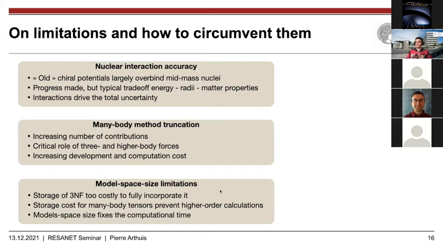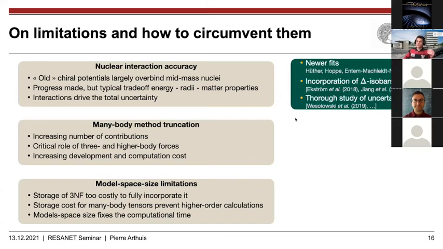So now I want really just to flash very briefly some ideas that people have started to work on in the community. I'm by no means exhaustive in the names of people I'll be citing, but it's just to show you that the community is really active at trying to tackle those issues.